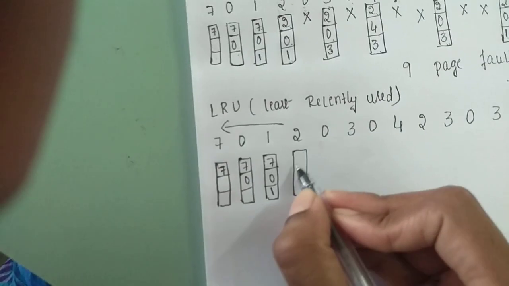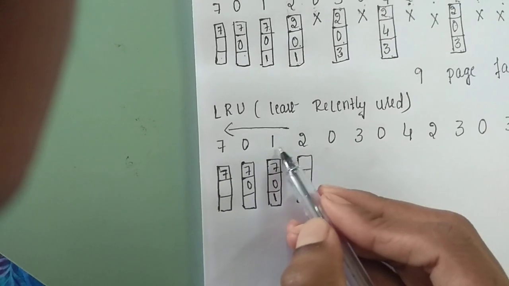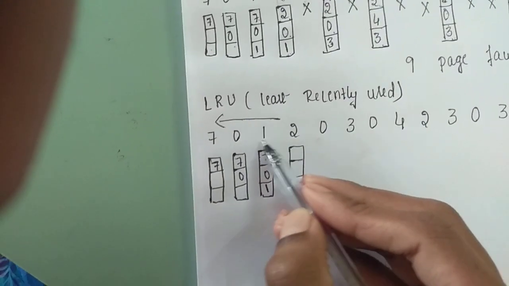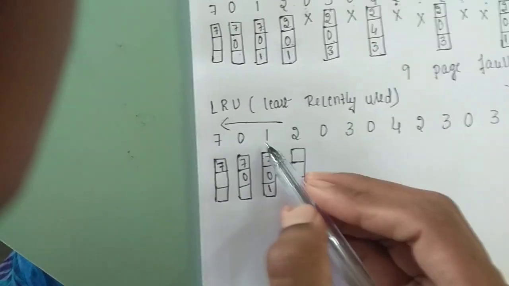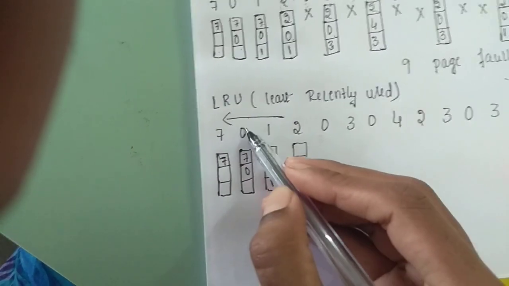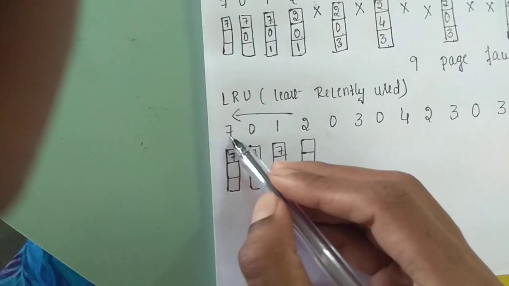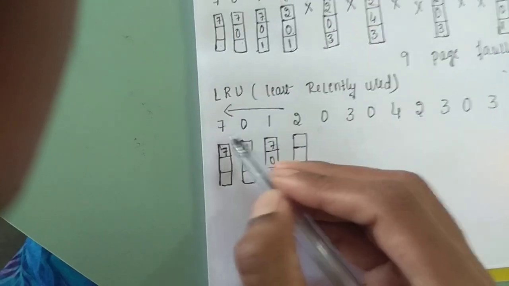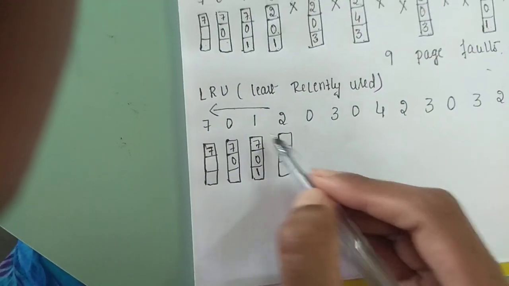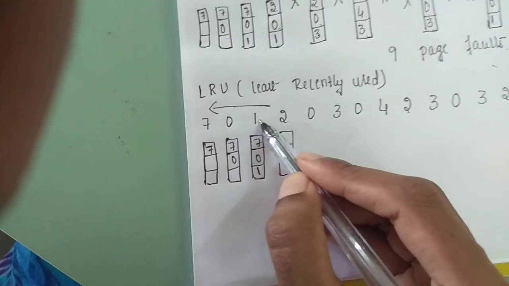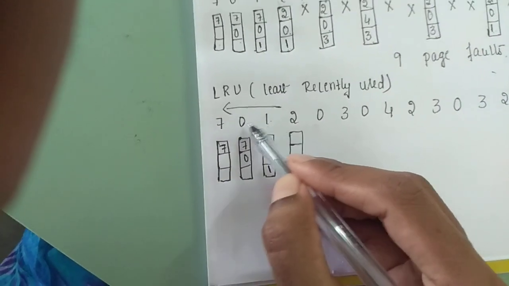Here 7, 0, 1. 1 is right here, I cannot replace it, it is the most recently used. After 1, 0 is the next most recent, and then 7 is the least recent. 7 is in the last position, so you should consider 7. 1 is immediate to 2, and 0 is next to 1.